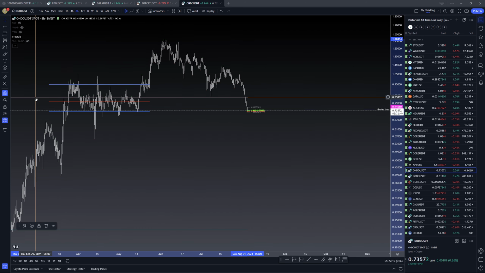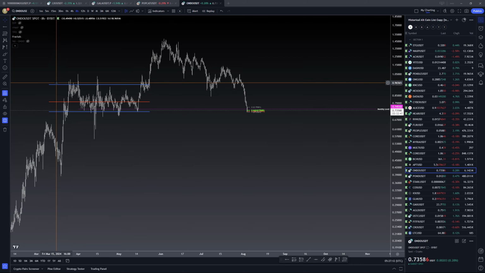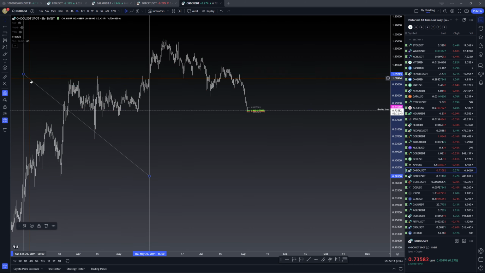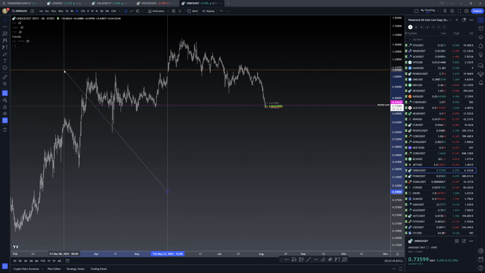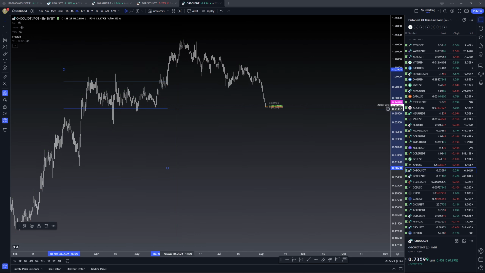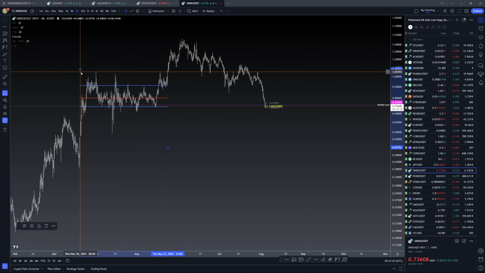Wow, even going further back like that, really. Even going as far back as here, that would be within the range though.